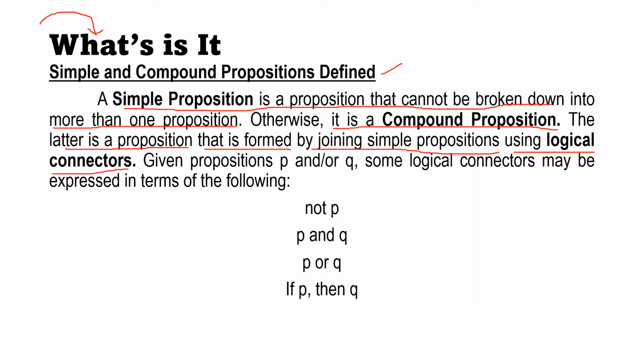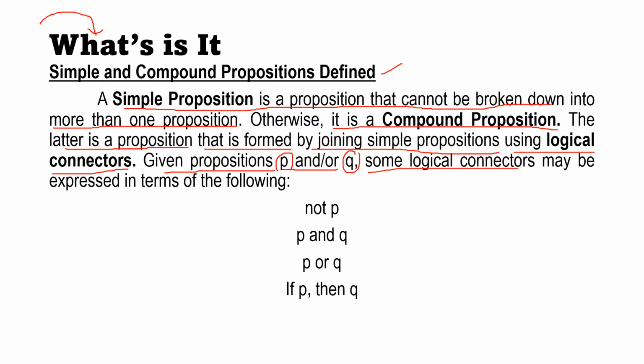We simply combine two simple propositions using logical connectors, and the resulting proposition will be your compound proposition. Here, given propositions P and Q, P will be your first proposition and Q will serve as your second proposition.